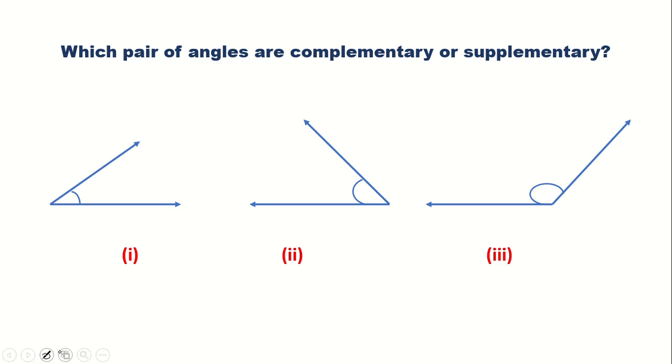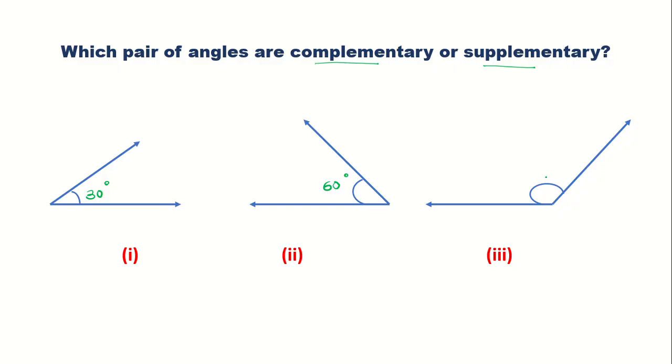Next, see this question. Here the question is, which pair of angles are complementary and supplementary? The first one is 30 degrees. The second one is 60 degrees.